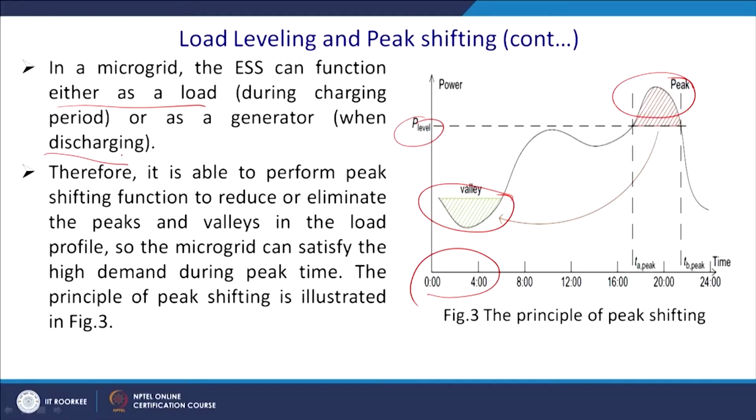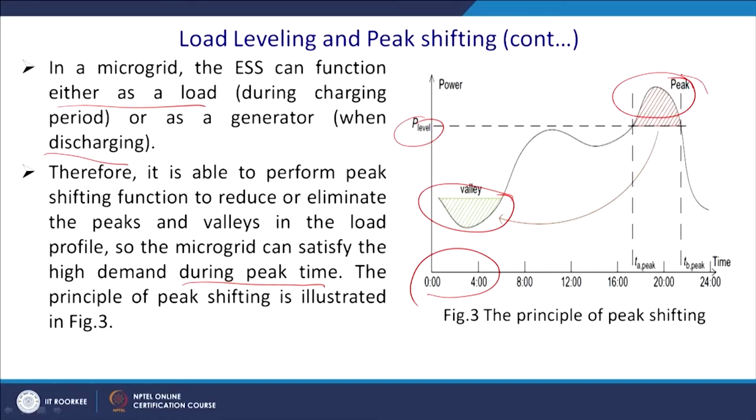Therefore, it is able to perform peak shifting functions to reduce or eliminate the peaks and valleys in the load profile. So the microgrid can satisfy the high demand during peak time. The principle of peak shifting is illustrated in the figure.